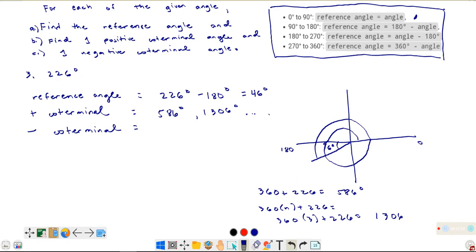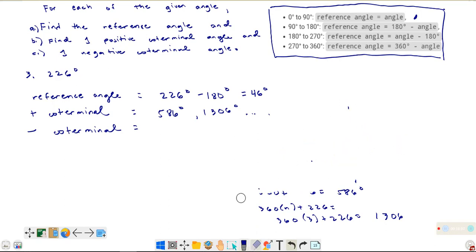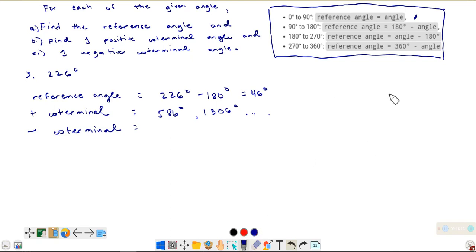O, doon naman tayo sa negative. This is 46 ulit. 46 degrees. Dito naman tayo. Yan. So, dito, makakabuo ka ng almost 180 degrees. Only that, hindi nasakop si 46 degrees. Yun yung isa mong pwedeng maging solution.